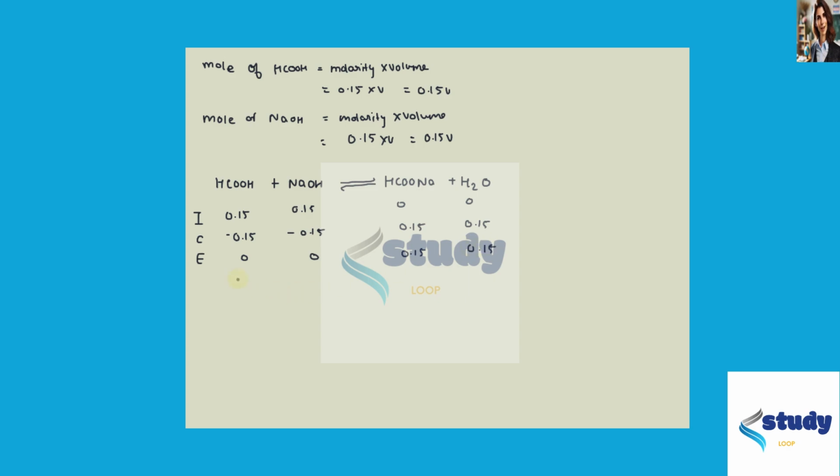Now we have to find out the molarity for HCOONa, or HCOO negative. So it will be equal to the mole over volume.